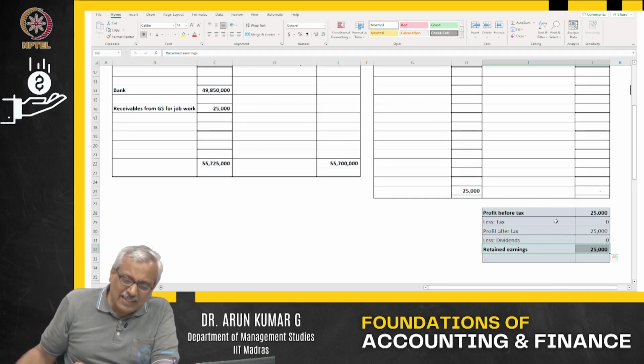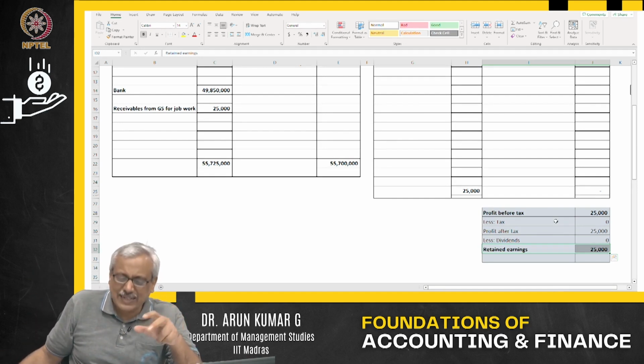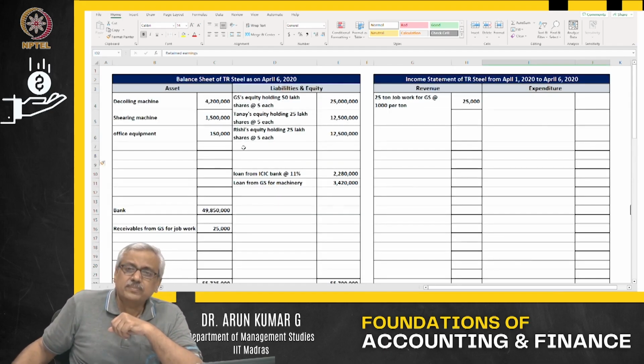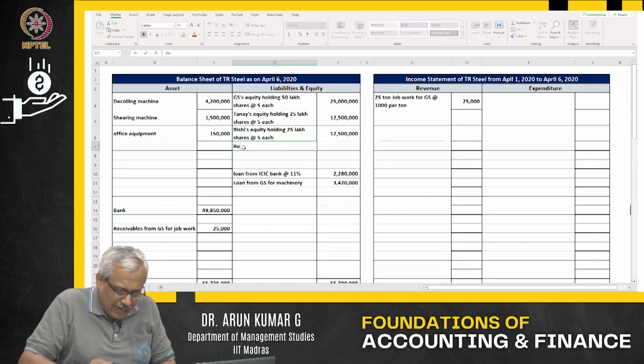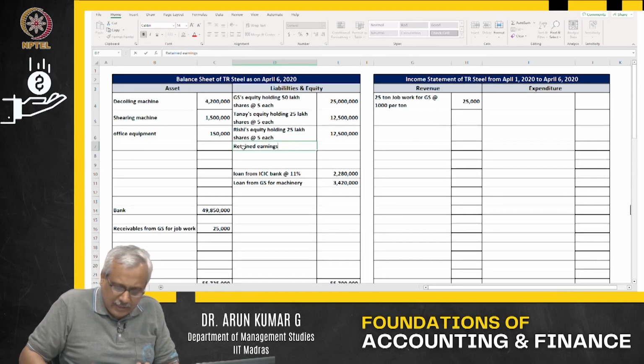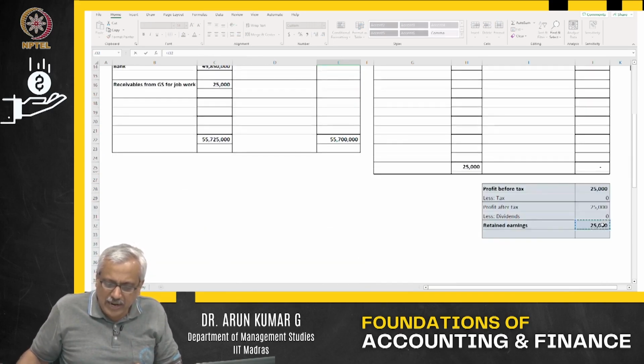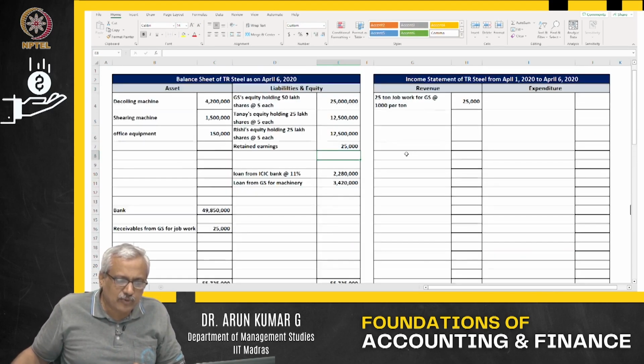Why? Because that 5 crores investment has earned them 25,000, which they are not going to take. So, I am going to add it as retained earnings out there.